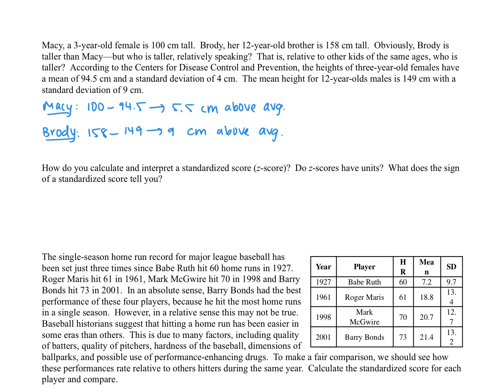And I believe this sounds like where standard deviation comes in. We do need to take into account the typical deviation, the typical amount that these heights deviate. If we take a look at this standard deviation of 9, using Brody, he is 1 standard deviation above the mean.